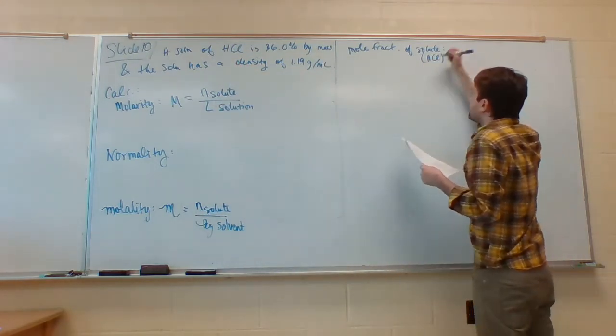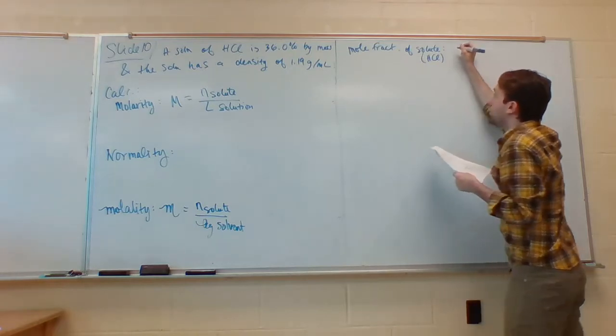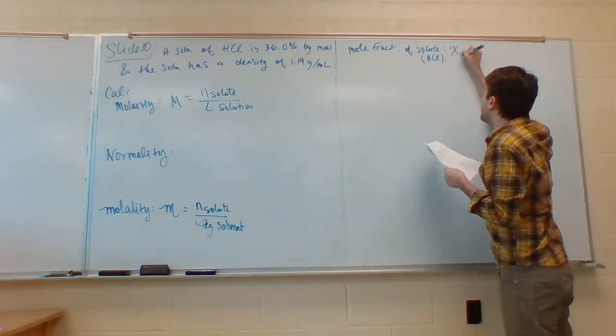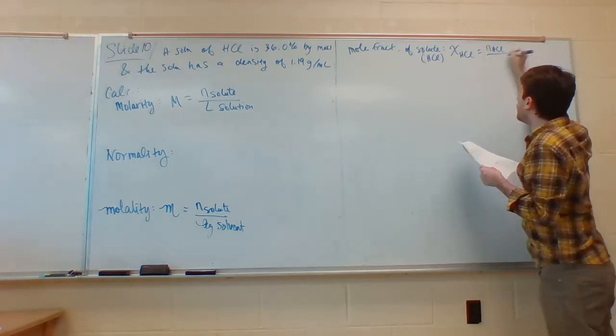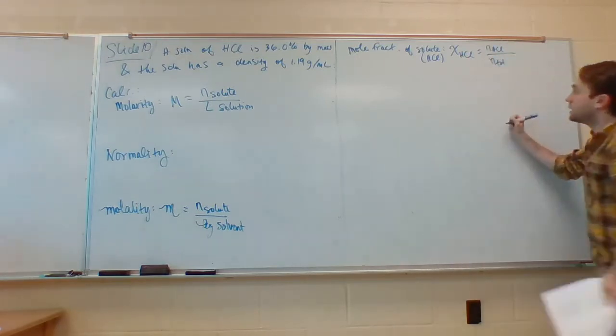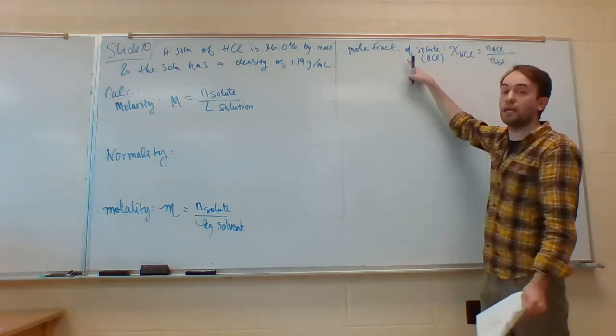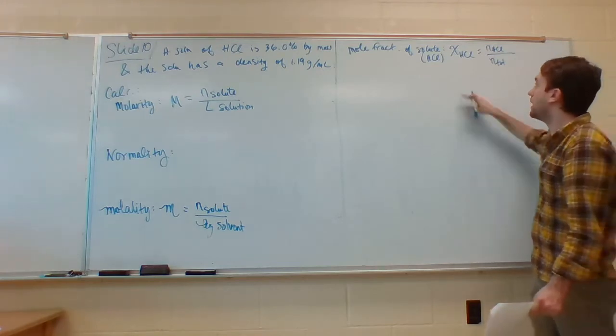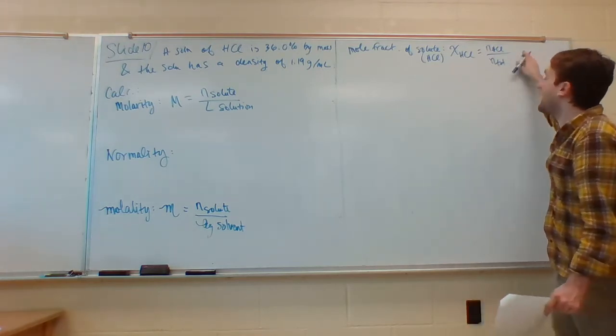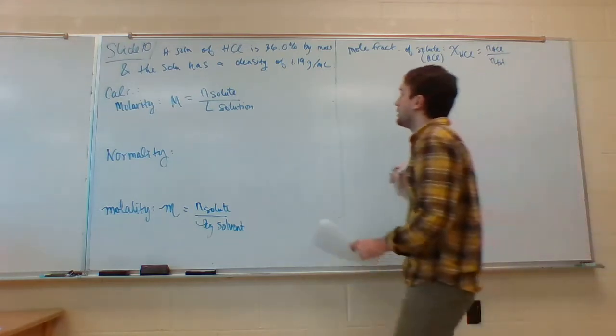The mole fraction of HCl is the moles of HCl over our moles total. Again, we are solving for the fraction, not the mass percent or the mole percent, so we're not multiplying by 100.